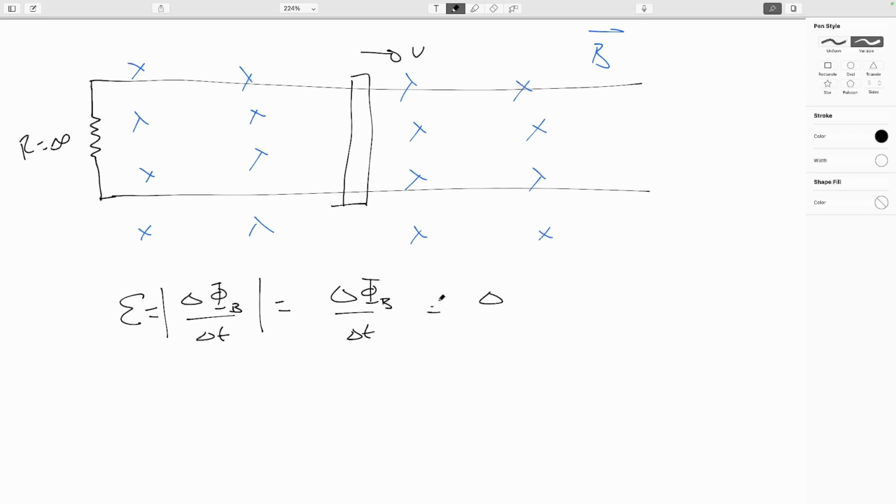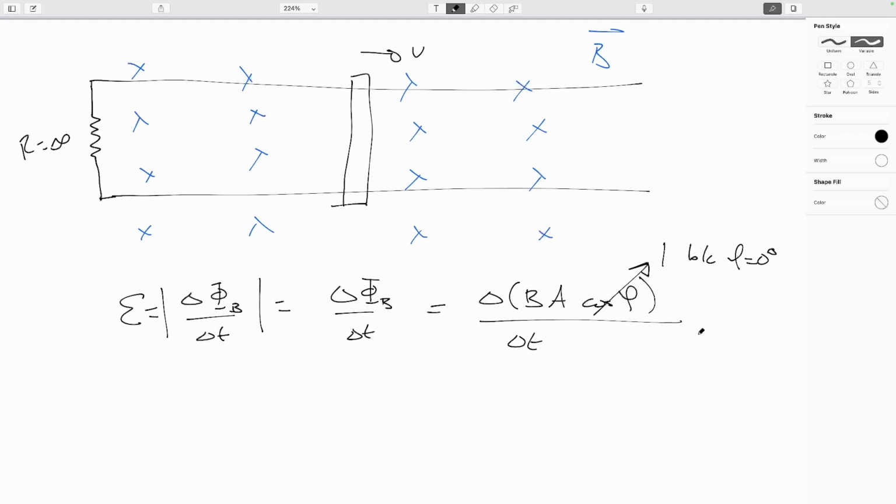So this will be the time rate of change of BA cosine phi, where phi is the angle between the bar and the magnetic field. But here, with respect to time, but again here we'll note that we'll make our cosine 1 because our angle phi is 0.